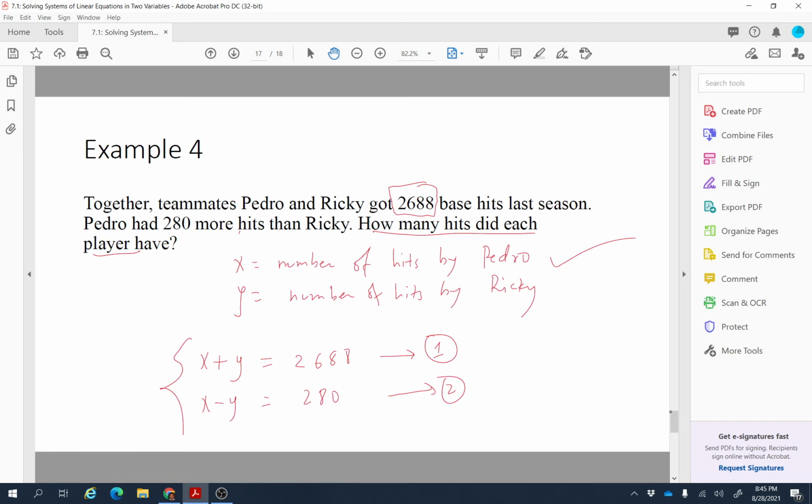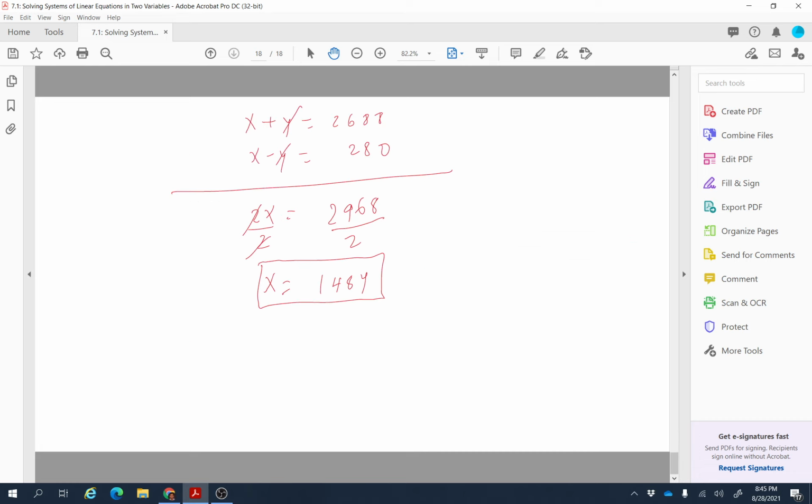We can use any one of these equations. So let me just use equation 1 to find y. So we know x plus y equals 2688.